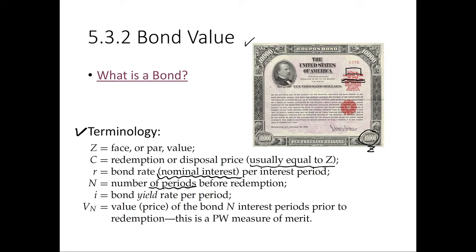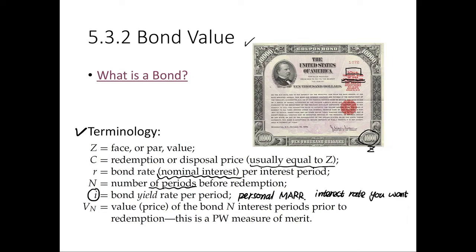And I is called bond yield rate per period. Actually, the I is something you can see as your personal MARR. So that is the yield, that is the interest rate you want. Okay, so as a customer, you buy this coupon, but you have your bottom line in your heart.